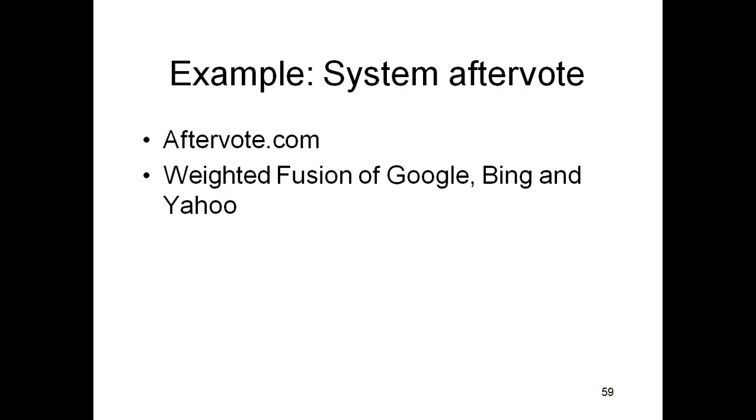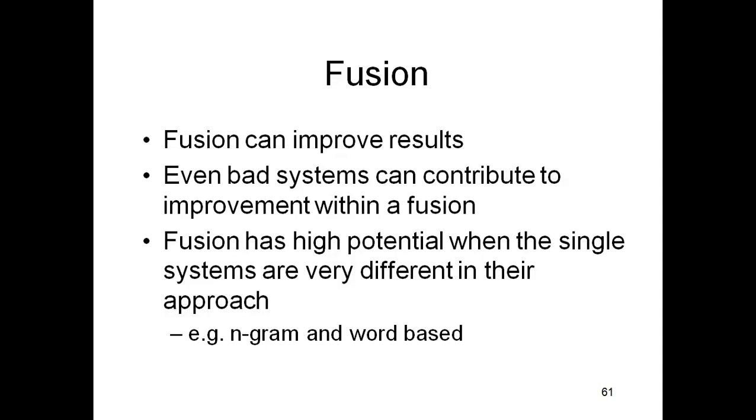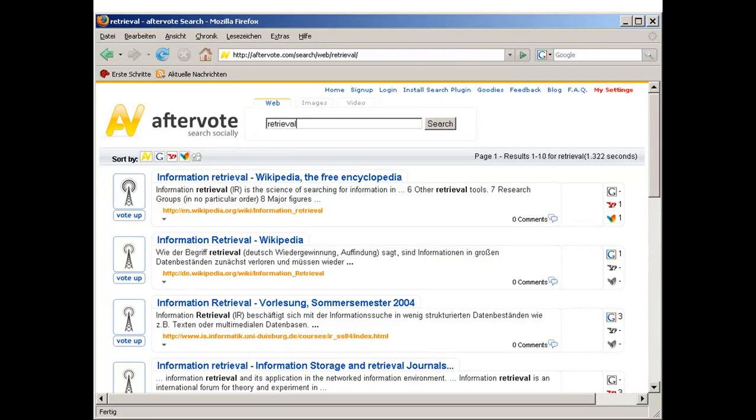Interestingly, there are also systems that actually do fused search or meta search, for example, AfterVote. I think it's not online anymore, but it was quite a nice system. You could search, and it searched 3 algorithms and gave you an aggregated result and even told you this is the first result at Yahoo and the first result at Bing, and this is the first result at Google, and my ranking is like this, and this is the third result of Google, and so forth.